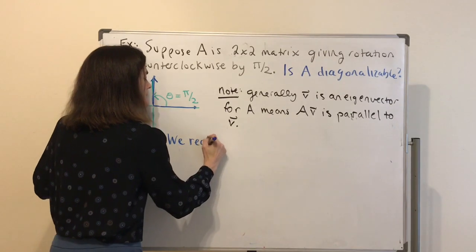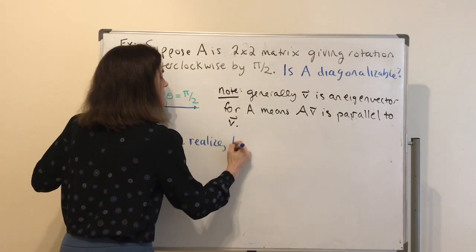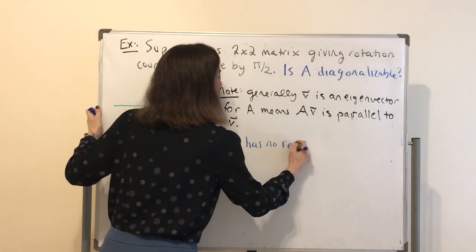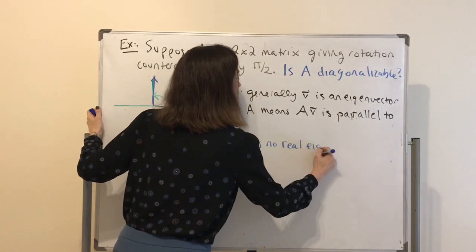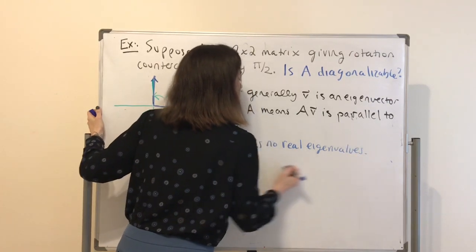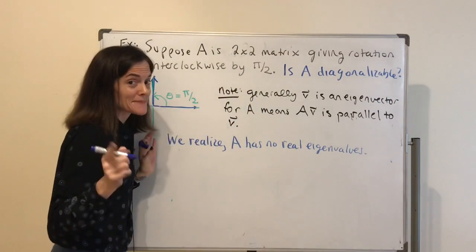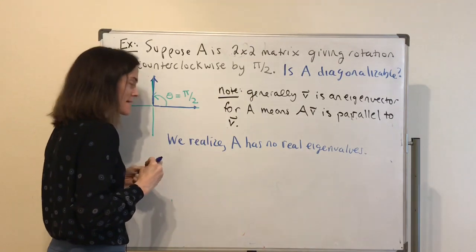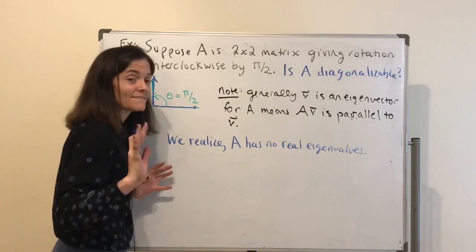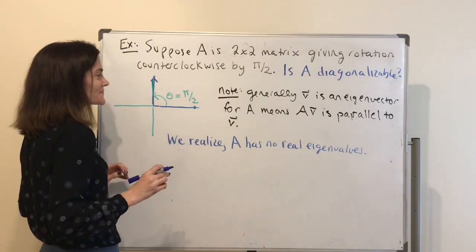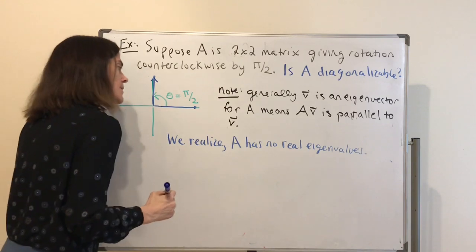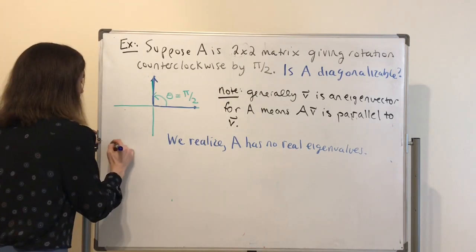We realize, through our discussion, that the matrix A has no real eigenvalues. Real numbers is what I'm saying here, and I will make a comment about this in just a moment. Because it has no eigenvectors. This is rotation. But what is A?